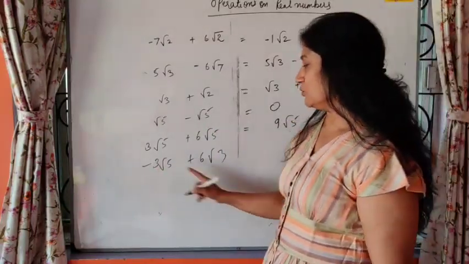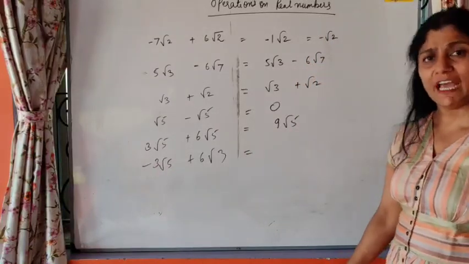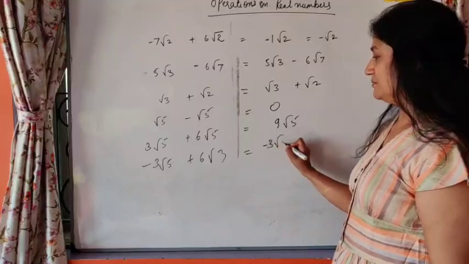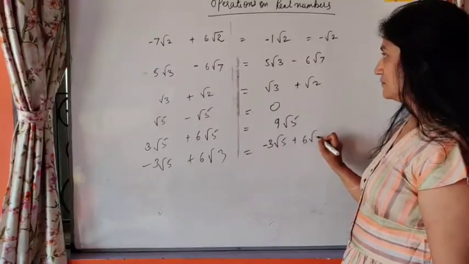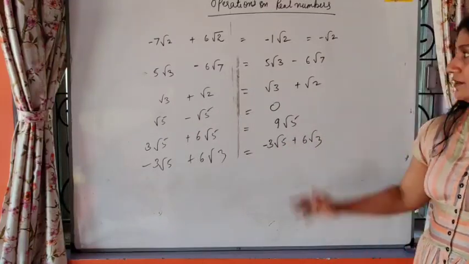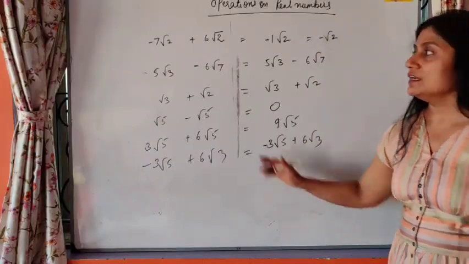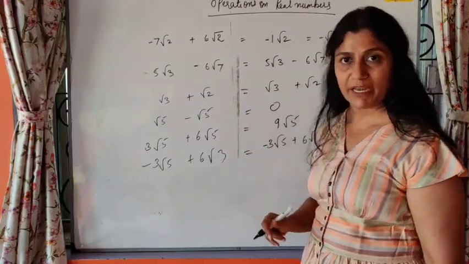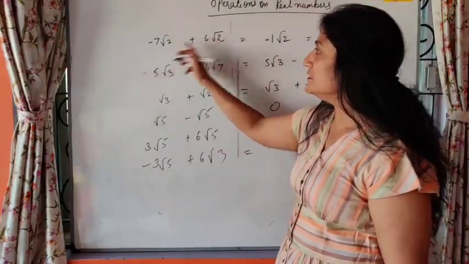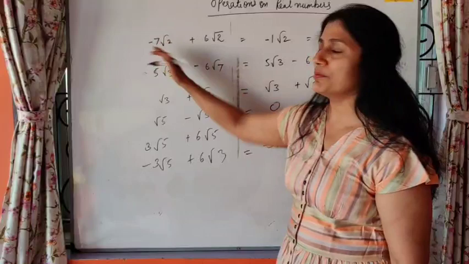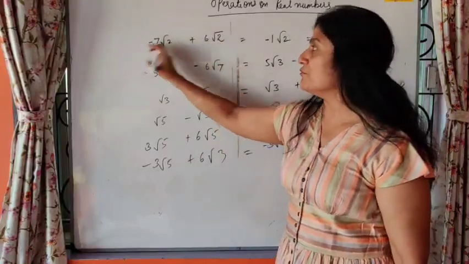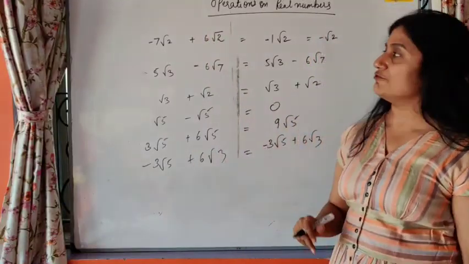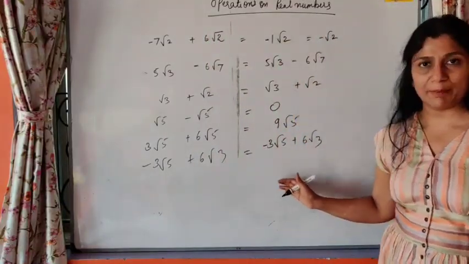Now minus 3 root 5 and plus 6 root 3. Can you add or subtract them? No, they are unlike surds. The answer will be the same. Got it? For addition and subtraction, the surds should be like. Then only you can add or subtract them. You need not add these surds. You have to add or subtract the numbers which are before these surds. And the same rule as we used to apply for integers, same thing we have to apply.